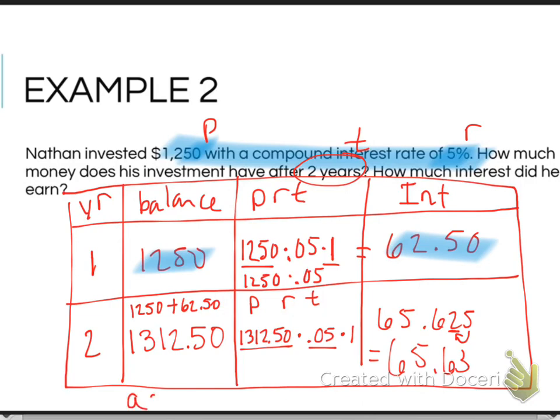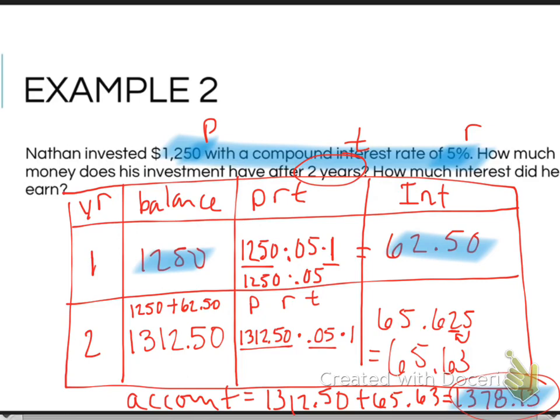So now his account balance after everything is going to be his starting balance of his second year, which is $1,312.50, plus $65.63, which is $1,378.13. I tried to zoom out and accidentally wrote $1,300. I know it's a long process, but this is just to gain an understanding of what compound interest is.